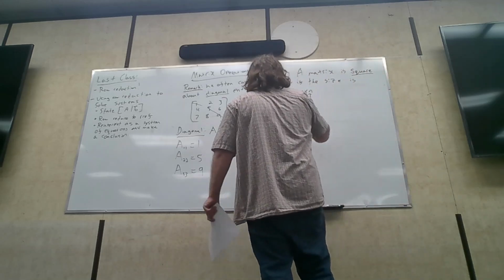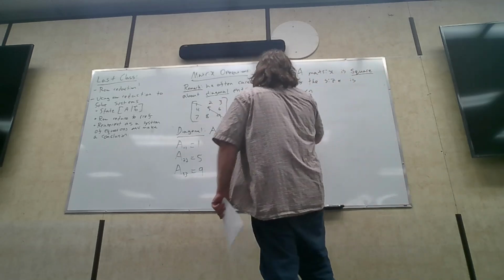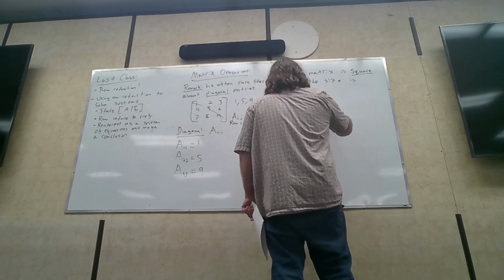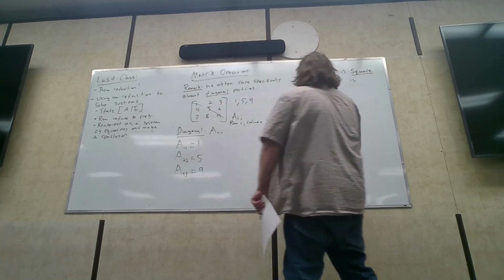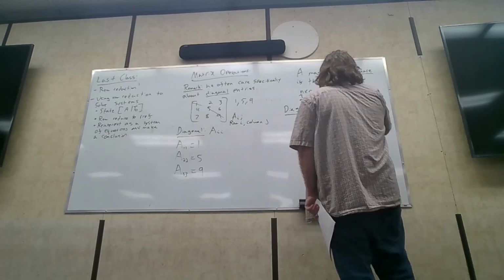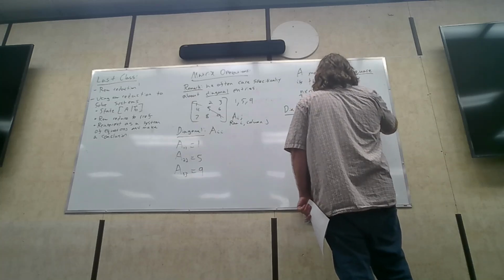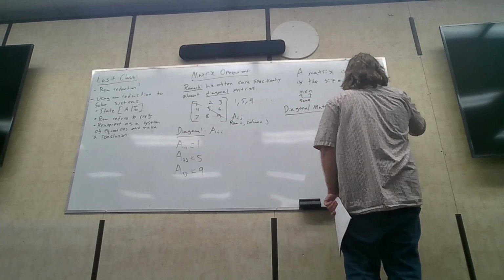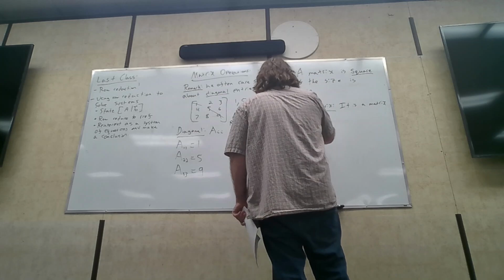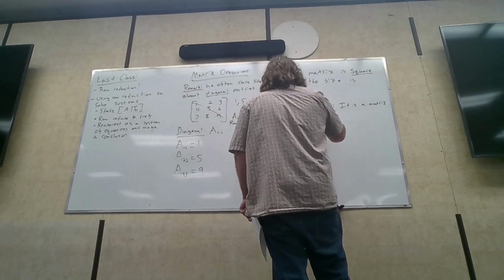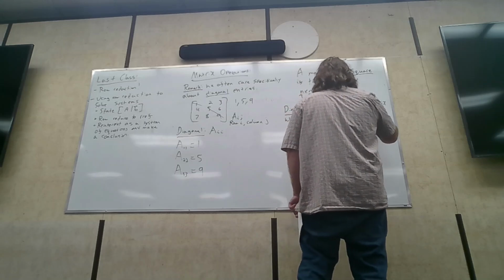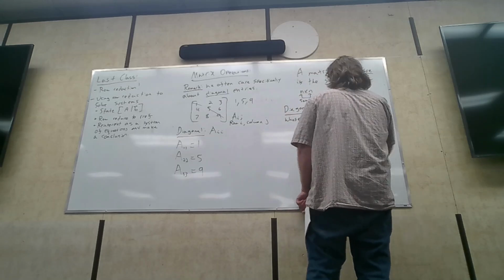So we also have something called a diagonal matrix. These are the diagonal entries, but a diagonal matrix is something that actually crops up a lot if you're doing certain algorithms. It is a matrix whose only non-zero entries are diagonal.